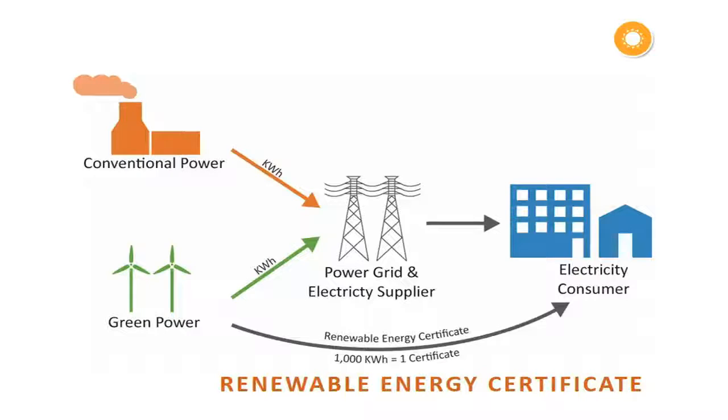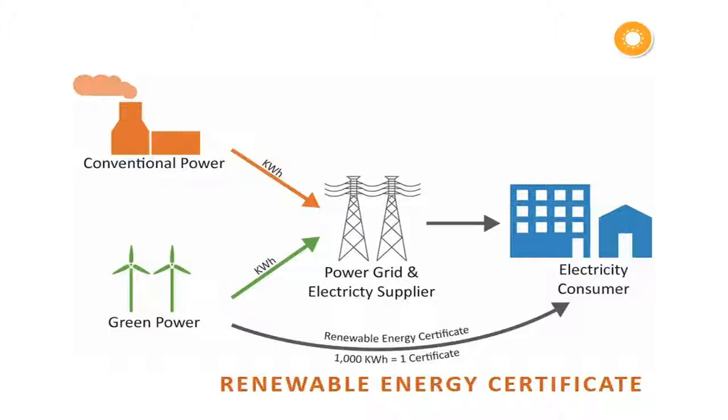Now, here's one way to think about renewable energy certificates, and for me, this really helped connect the dots. So conventional power and green power are both fed into the electricity grid. Now, once there, they're essentially indistinguishable. So as the electricity consumer, there's no way to know whether these electrons coming through your receptacle were generated using a conventional power or a green power system.